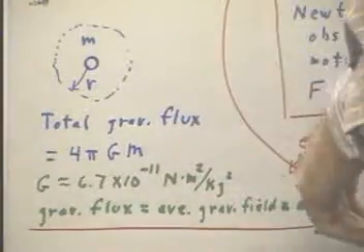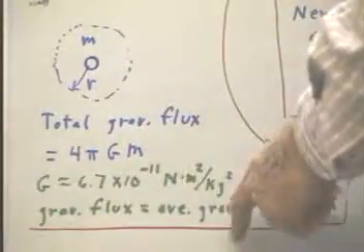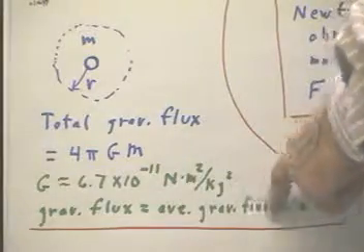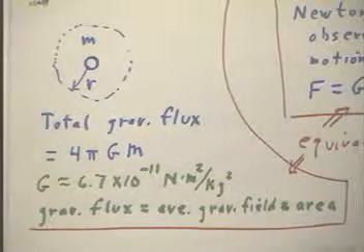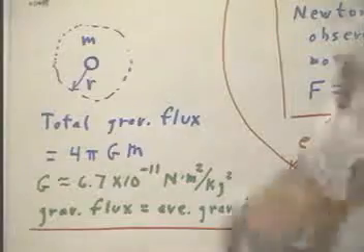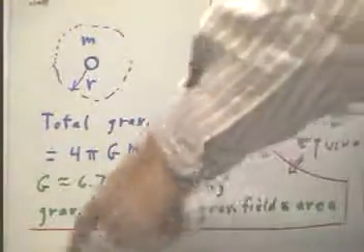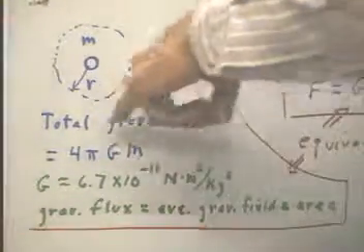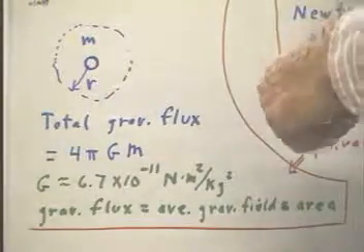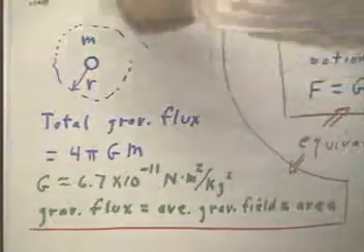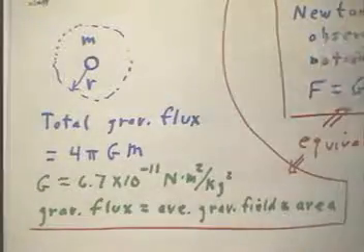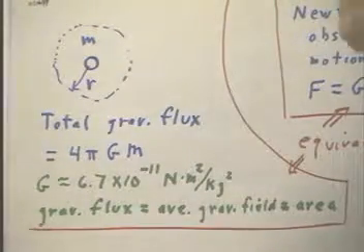So we're going to say that the gravitational flux is the average gravitational field multiplied by the area. And to find the average gravitational field, you divide the gravitational flux by the area. Just as to find the level of illumination, you would divide the total wattage of the bulb by the number of square meters over which that wattage is spread.